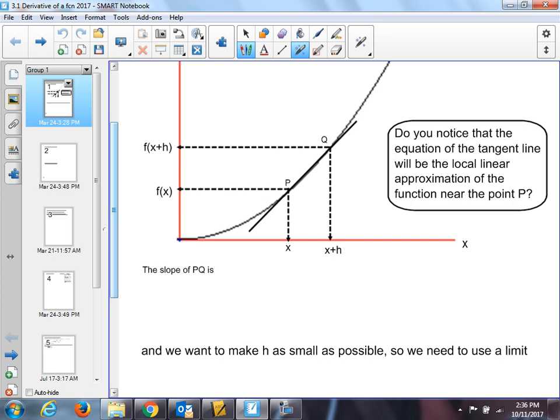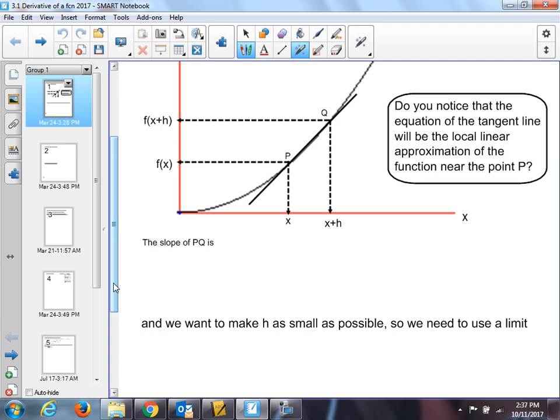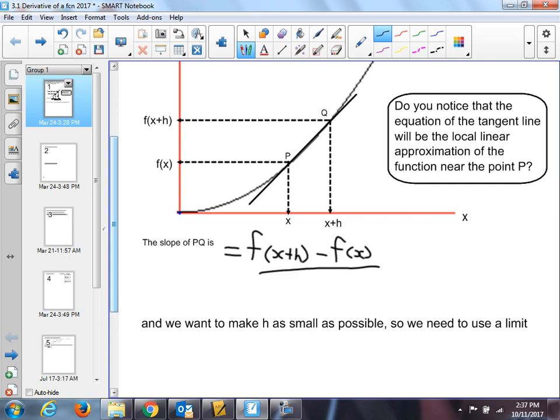using f of x notation, instead of y minus y over x minus x. Well, the slope of PQ is, we'd say, instead of y, we're going to say f of x plus h, right? Minus the other y term, f of x. Now, whatever order you use, you got to use the same order with the x variables.